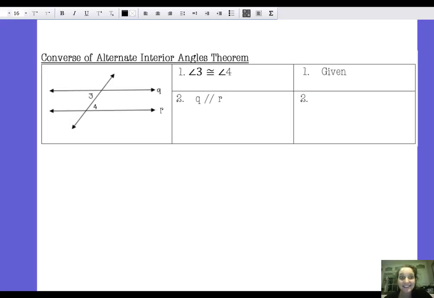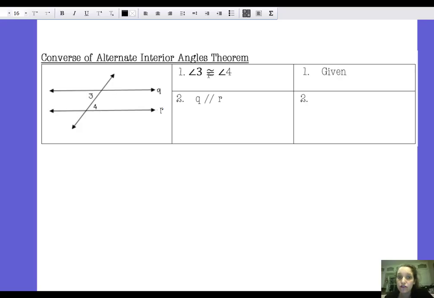Okay, in our next situation, I'm telling you in the given that angle 3 and angle 4 are congruent. Well, angle 3 and angle 4 are alternate interior angles. So if these alternate interior angles are congruent, that means these two lines have to be parallel.